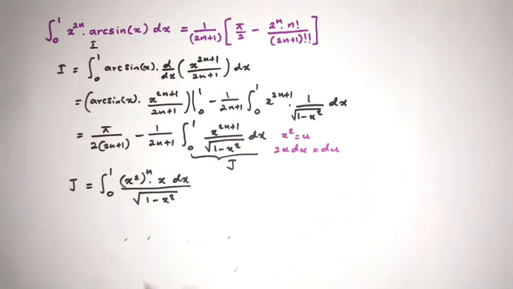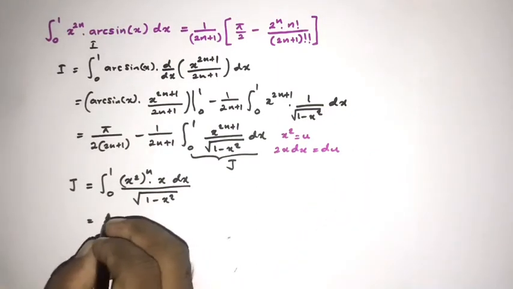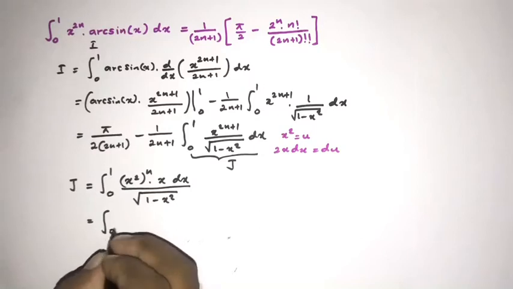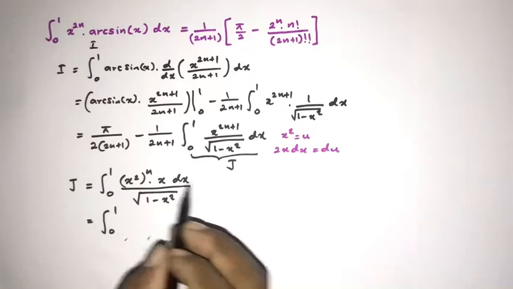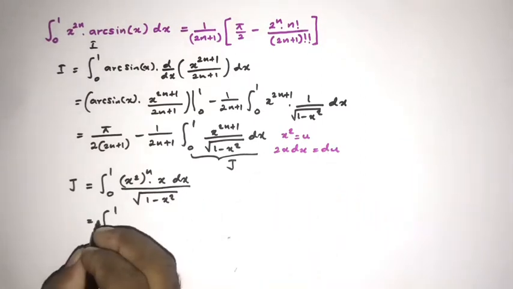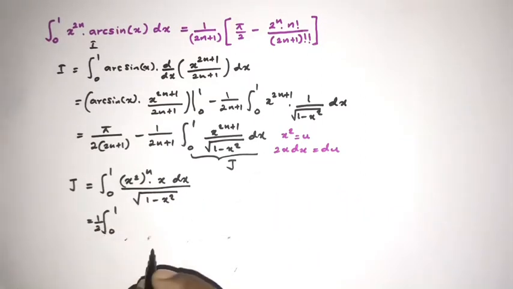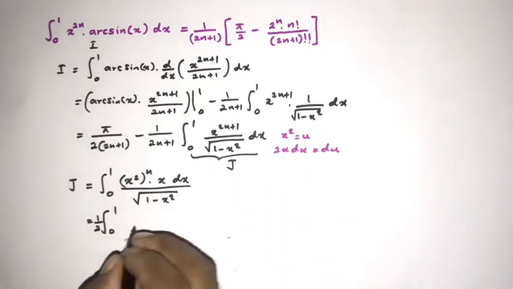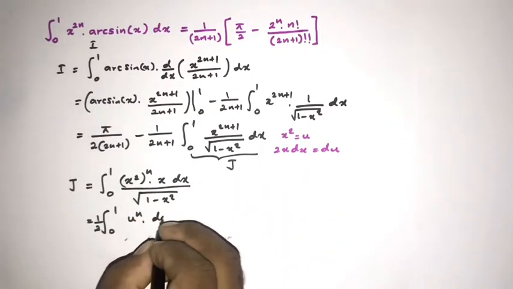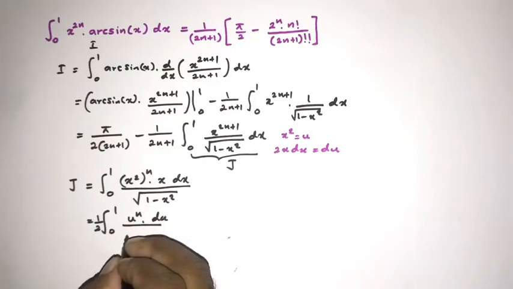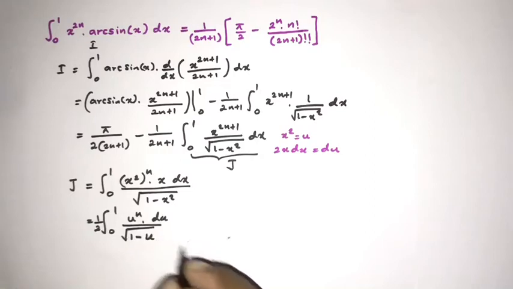Now we can substitute. The limits, we know, are also 0 to 1. Here x dx, we know is du over 2, so 1 half outside of the integral sign. X square, we know is u, so u to the n. Here du over the square root of 1 minus u.